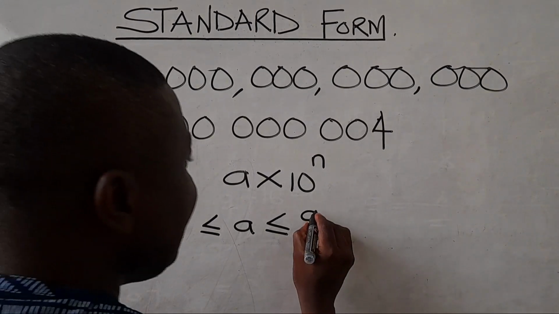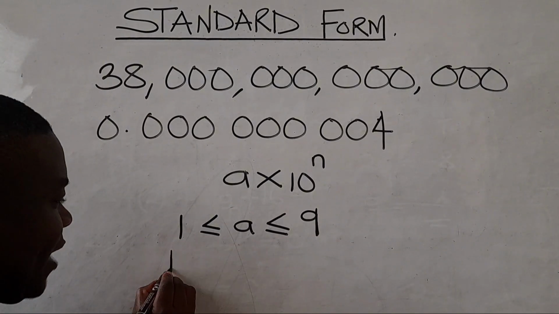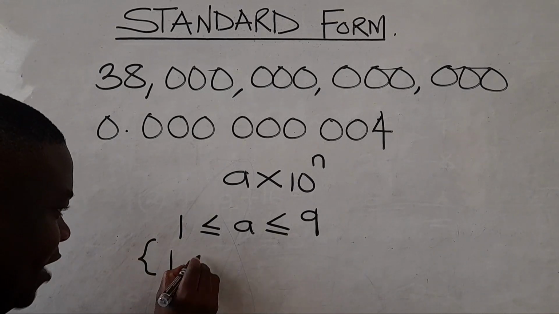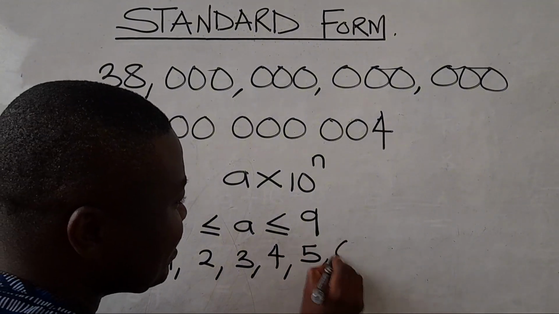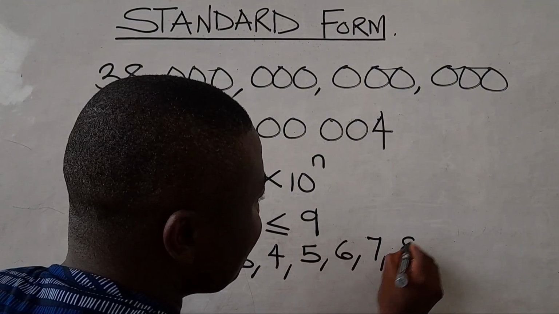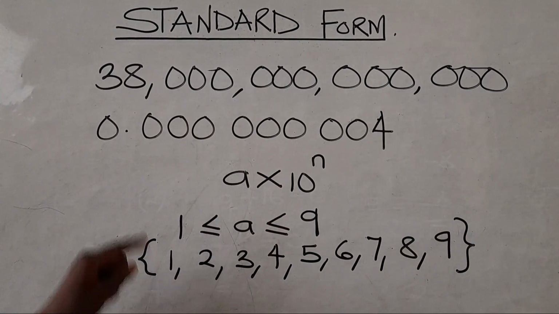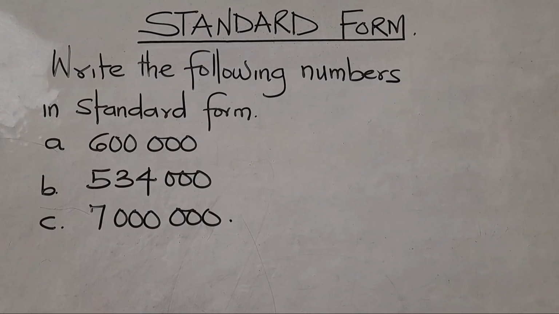Now, what does this mean? It means a will be from 1 to 9: 1, 2, 3, 4, 5, 6, 7, 8, or 9. Anything outside this, above that, cannot be a.